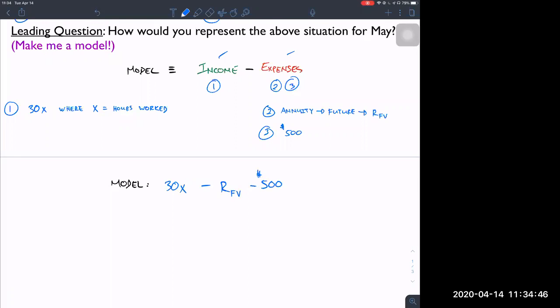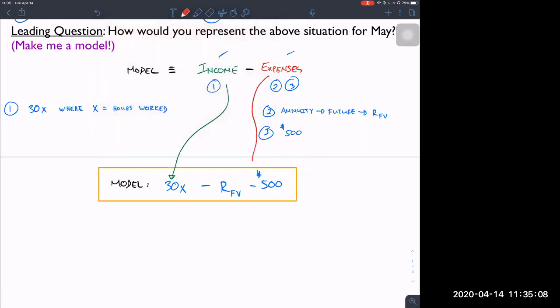And just like that, that would be the expected model for this particular problem, right? So you have things that make you money versus things that cost you money, which is a combination of these two.